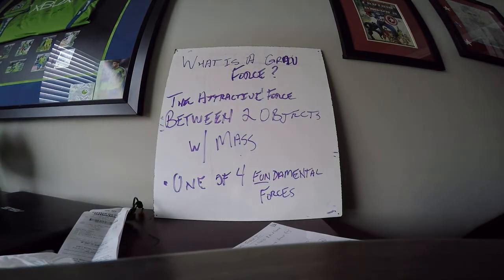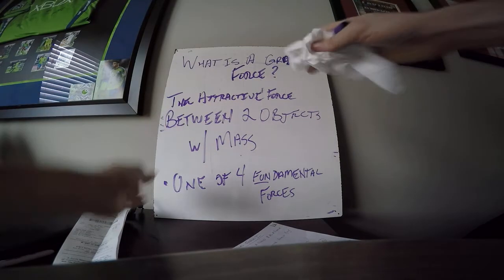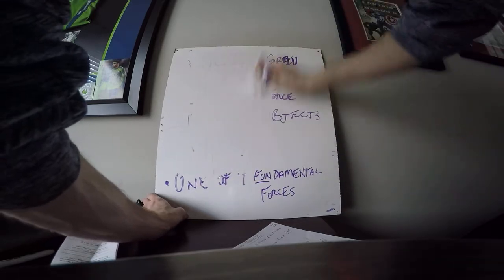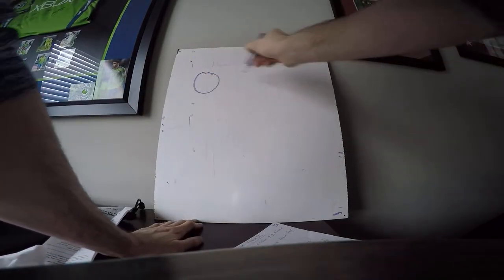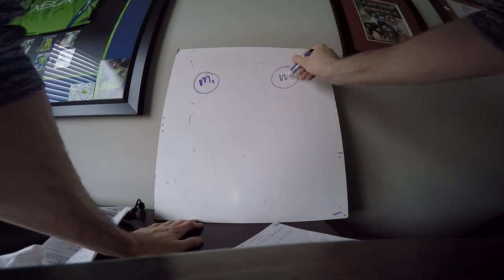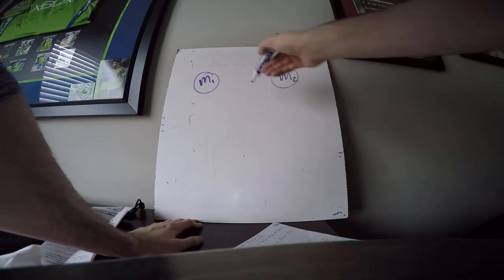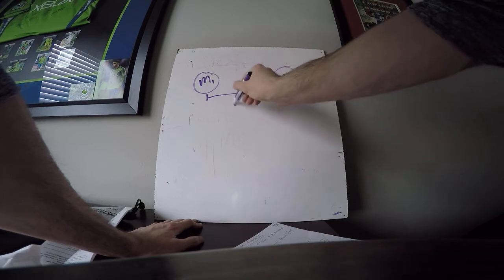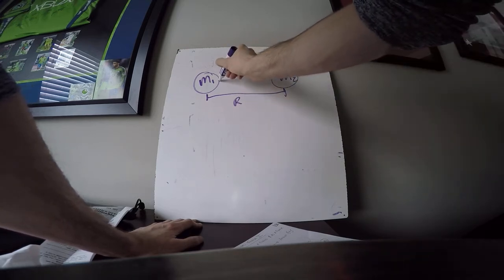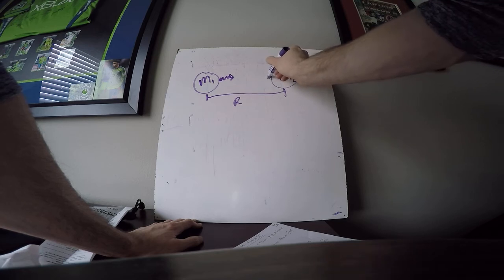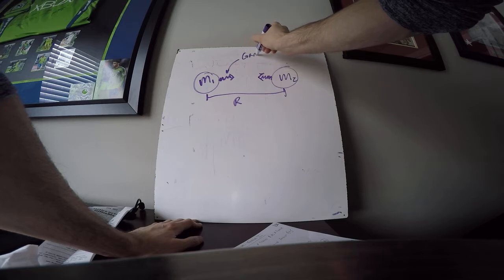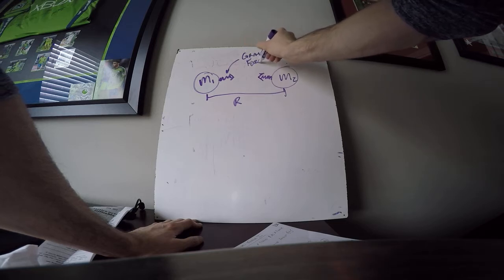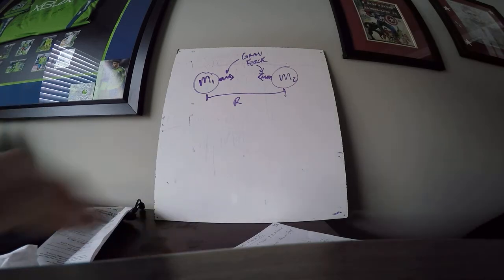Okay, so cool. We can draw a picture of this situation. We have 2 objects, M1 and M2, and a radius between them of R, let's say. There's a gravitational force between them, the grav force, that pulls them together.